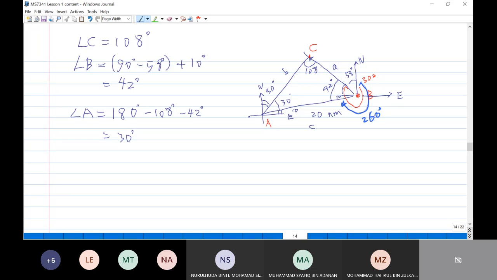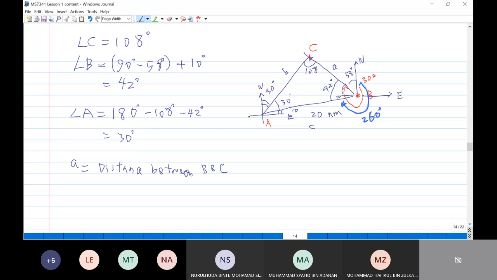So you can find what side a is now. a is the distance between B and C. And you'll find that this is actually the speed here. Later on I'll tell you why it is the speed here.